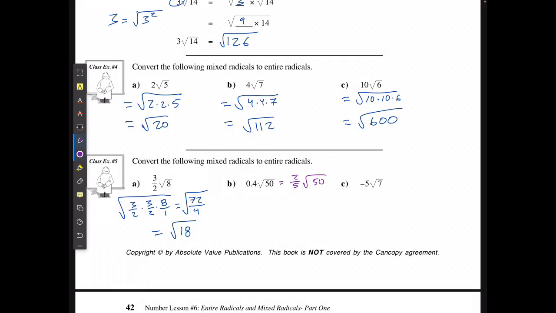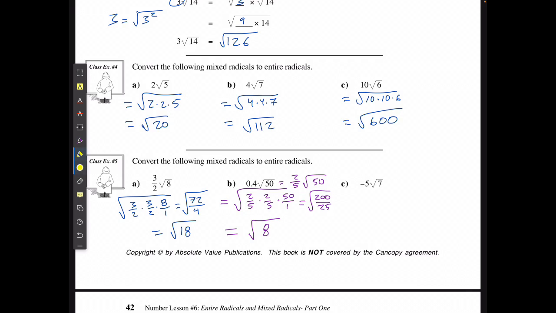Which means that this would be the equivalent of 2 over 5 times 2 over 5 times 50 over 1. And this is going to give me the square root of 200 over 25. 200 over 25 is the same as the square root of 8.